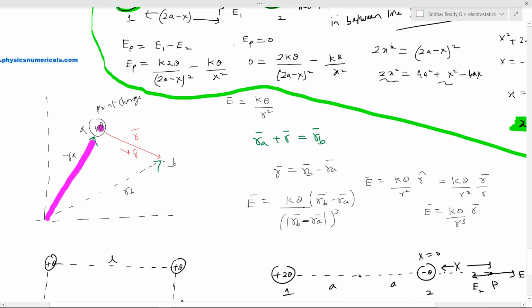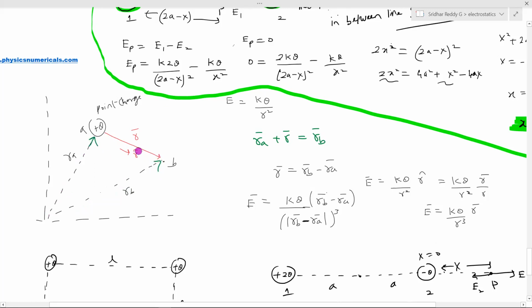Let it be RA bar. Then I want to find the electric field strength at point B due to this point charge. The position vector of point B will be RB bar.